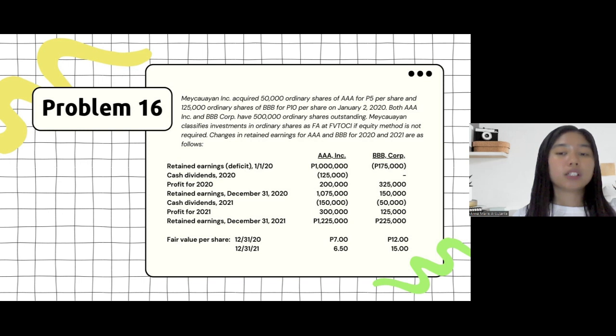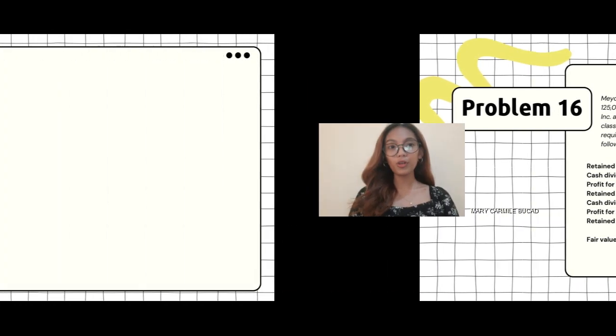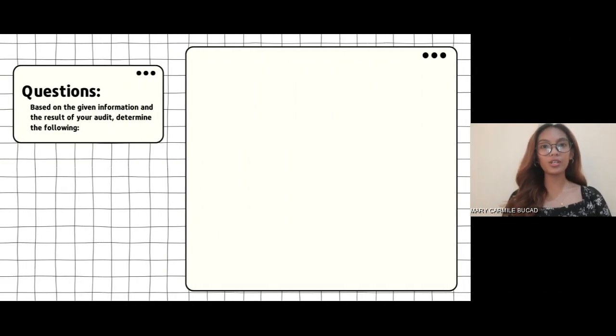Changes in retained earnings for AAA and BBB for 2020 and 2021 are as follows. For the questions, based on the given information and the result of your audit, determine the following. Number 1. Income from investment in AAA Incorporated to be recognized in 2021 profit or loss. A. Nil. B. 1,000 pesos.